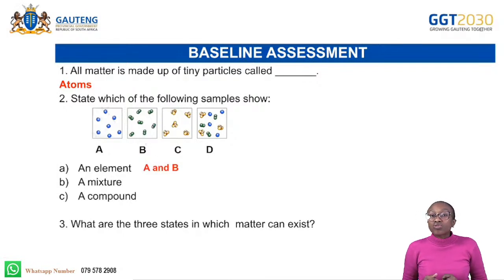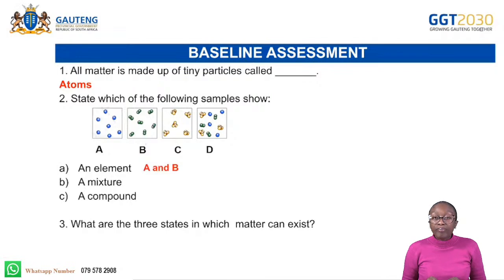Remember, atoms of some elements such as hydrogen, fluorine, oxygen, and nitrogen exist naturally as diatomic molecules, which means we have two identical atoms that are bonded together. So these are diatomic molecules. They represent elements, for example, oxygen, hydrogen, and nitrogen. So A and B show an element.